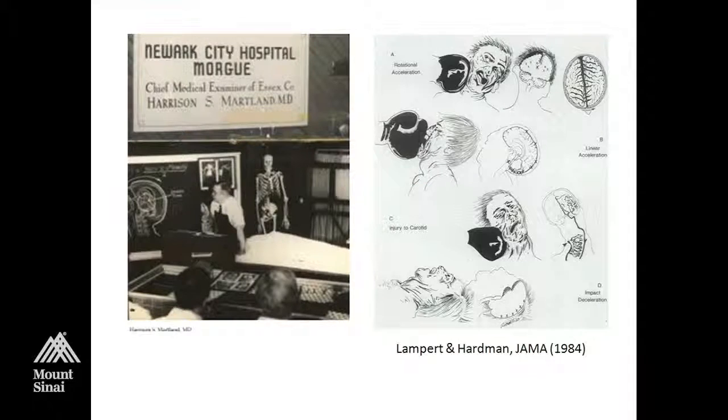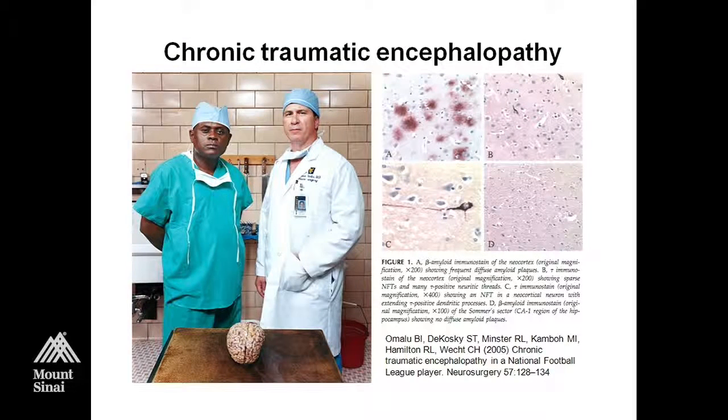But it wasn't until many, many years later that Bennett Omalu, the medical examiner working in Pittsburgh, did an autopsy on an American football player and noticed neurofibrillary tangles and also amyloid plaques that can be associated with chronic traumatic encephalopathy, and he made this link. And this triggered a massive effort to identify more cases of American football players who had this pattern, as well as other people who have been exposed to repetitive traumatic brain injury.